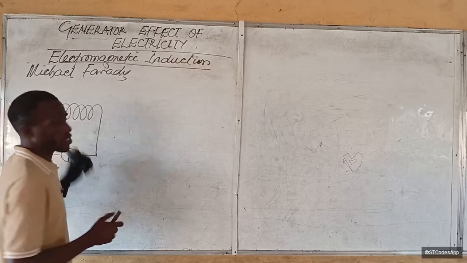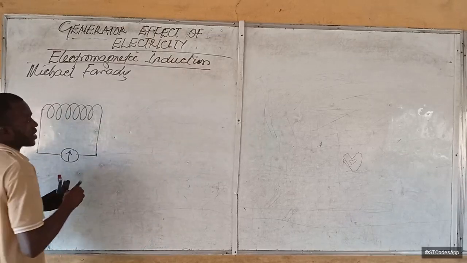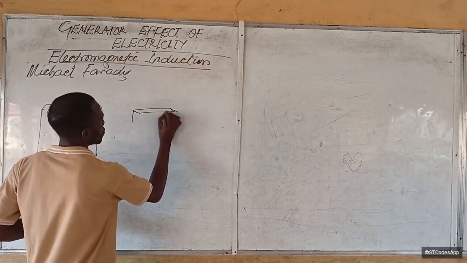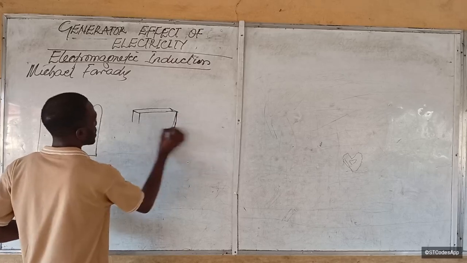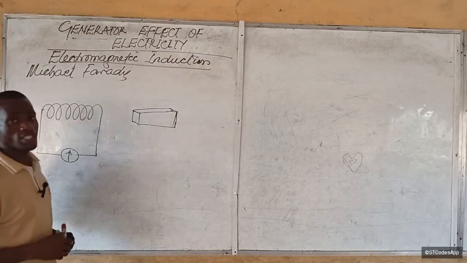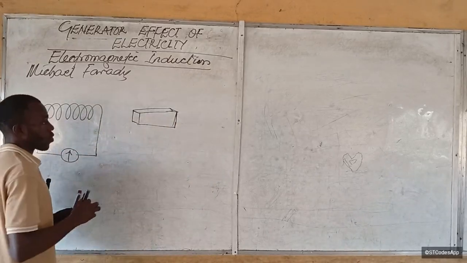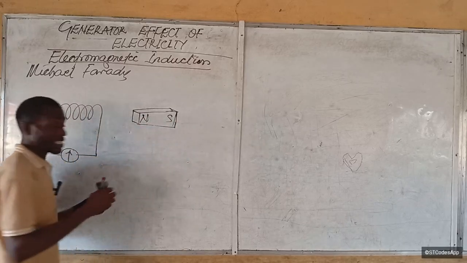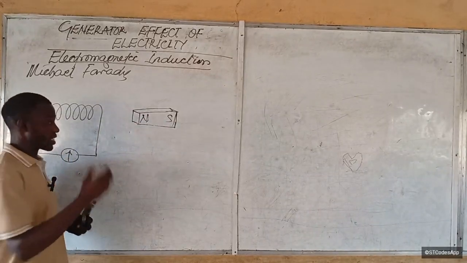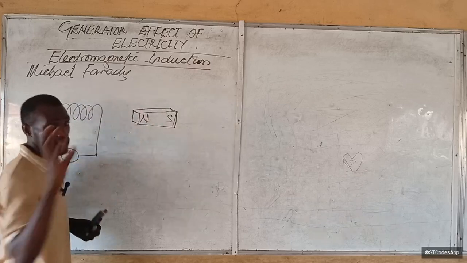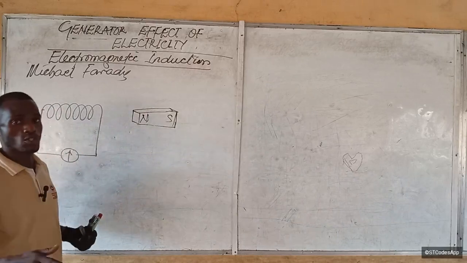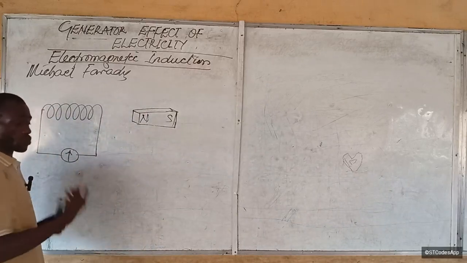What he did with a solenoid was that he put a magnet close to it, and he wanted to see if there was going to be current induced in this solenoid. Initially, he didn't know that a stationary magnetic field and a stationary solenoid created no induced current. So he saw that current was not induced.